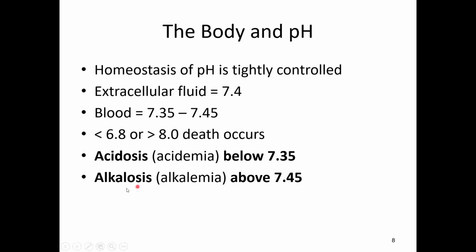We can say the condition is alkalosis or alkalemia, meaning more alkali in the blood, and more acid in the blood is acidemia. As for the pH range, in acidosis the pH decreases below 7.35, and in alkalosis the pH increases above 7.45. These are the conditions where pH disturbances occur.